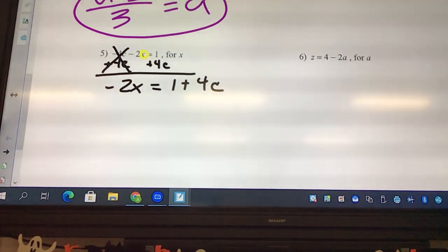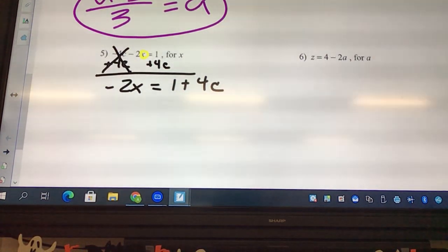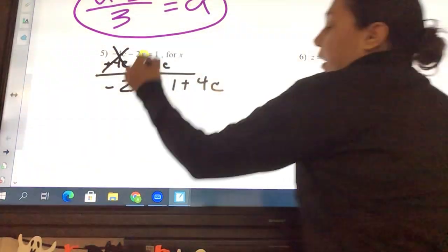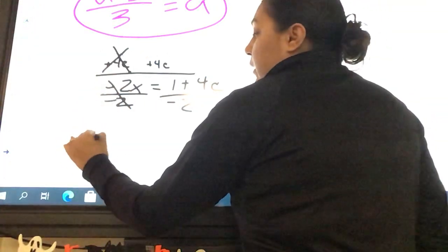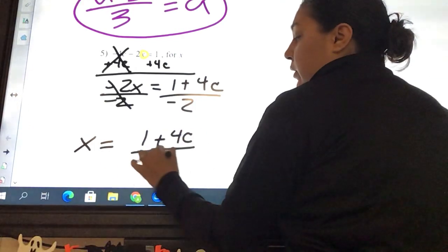And that's what we've been doing. Almost every single problem, we're moving something first, and then the number that's next to whatever letter we're trying to solve for, we divide. Usually you're going to either add or subtract, and then your last step is going to be divide by whatever number is with that variable. So divide by negative 2. So we got x equals 1 plus 4c over negative 2.